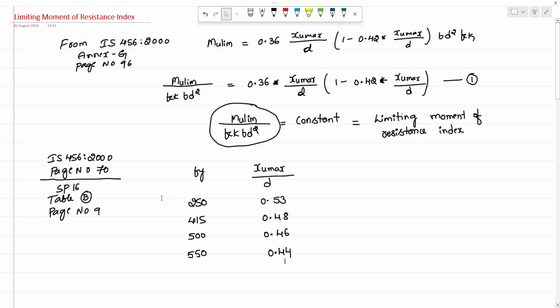So now I will substitute these values in equation number 1 and evaluate the limiting moment of resistance index for various grades of steel. Clear? So first I will copy equation 1.